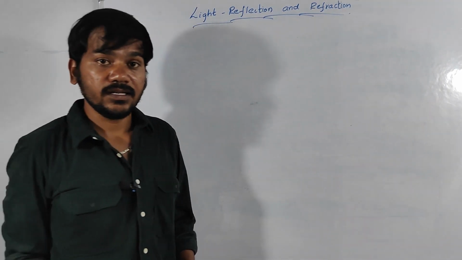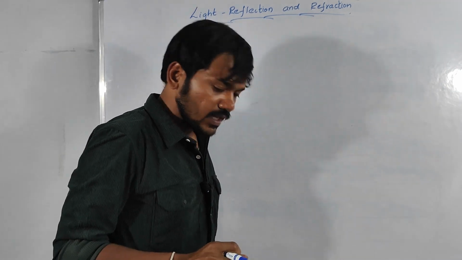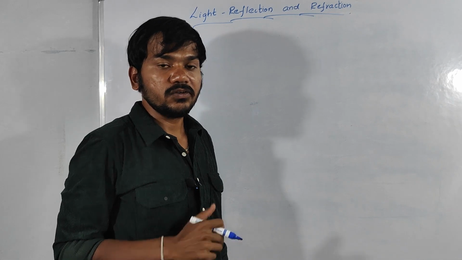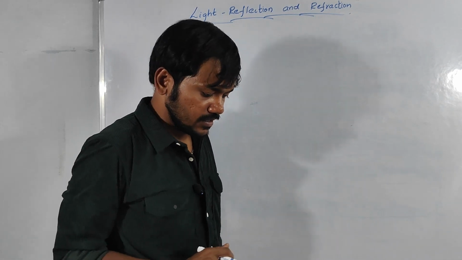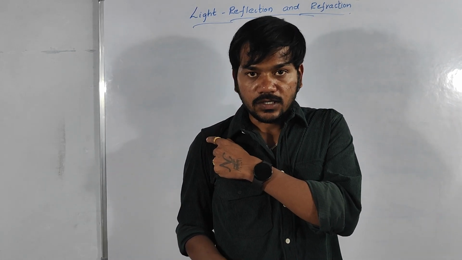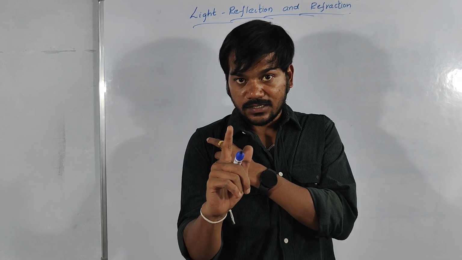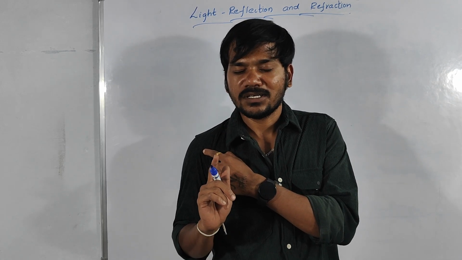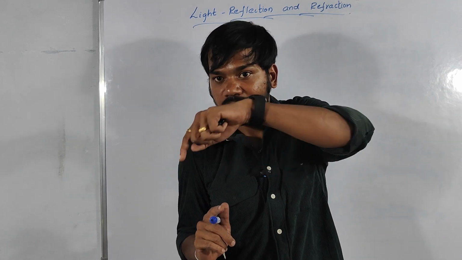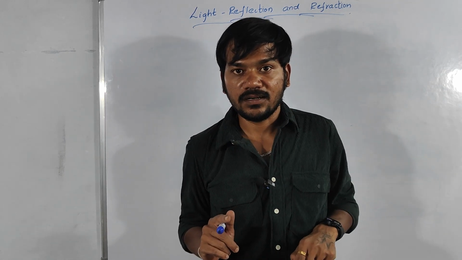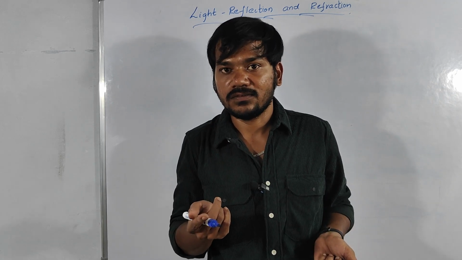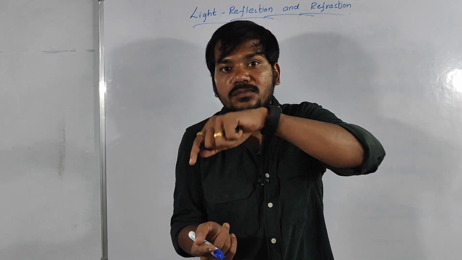Here we know light always takes the shortest path to travel. So from my right shoulder, the image's left shoulder is nearer, or I must say the parallel rays from my shoulder, when they are incident onto the plane mirror, obviously the image is formed there, because light takes the shortest path to travel.